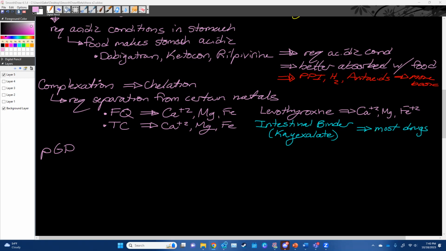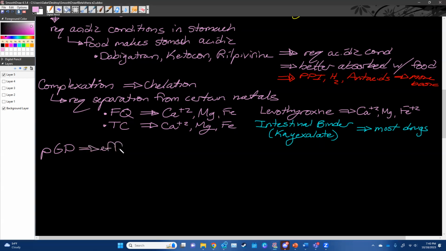P-glycoprotein has a ton of different functions in the body, but specifically in the stomach, the purpose of P-glycoprotein is an efflux pump. So what this is going to do is it's going to take absorbed drugs and unabsorb them.